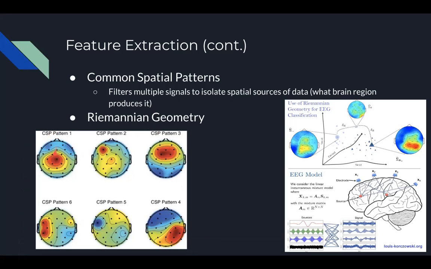So common spatial pattern 1 would be something emanating from the front of the person's head, like the prefrontal cortex. Don't take my word for that though. I just remember he was talking about how common spatial patterns are kind of anti-logical, the way they're depicted is kind of backwards. Riemannian geometry, I honestly have no idea what this is.